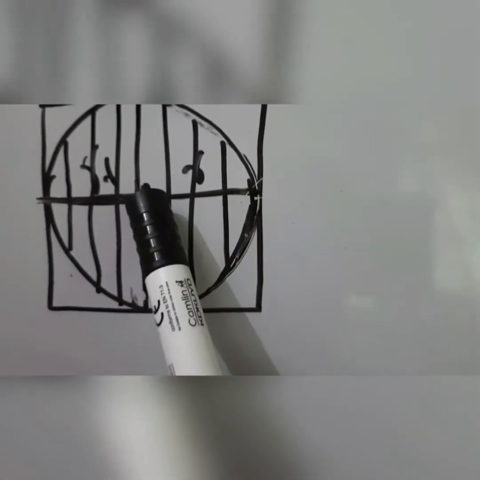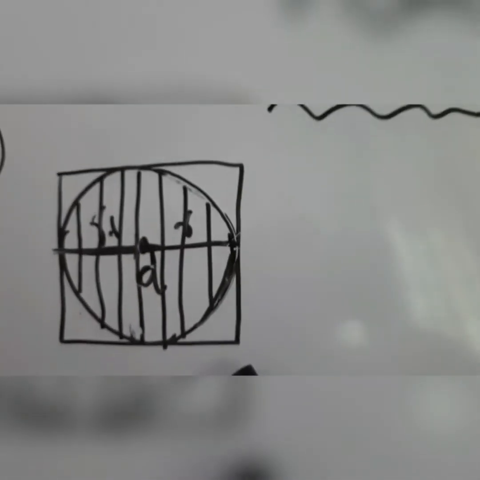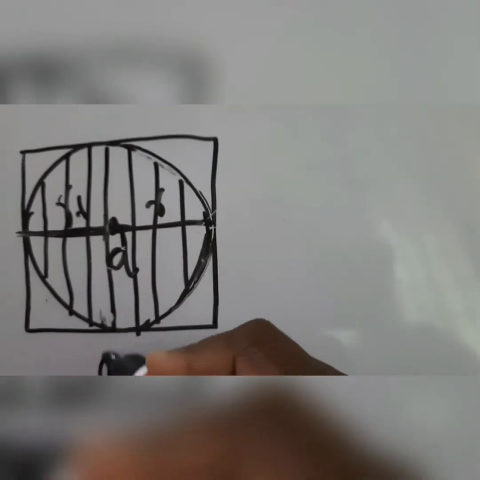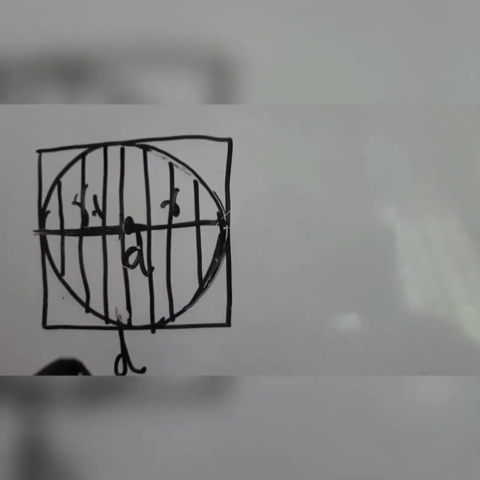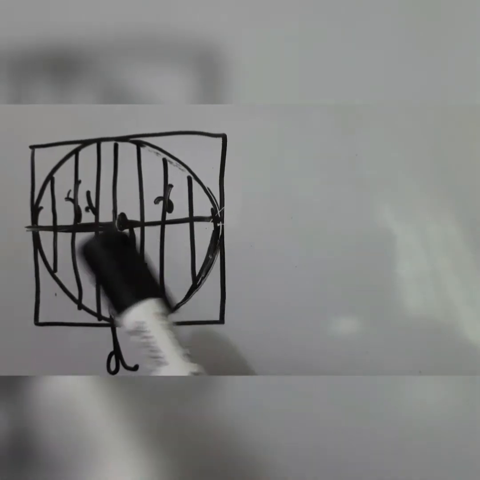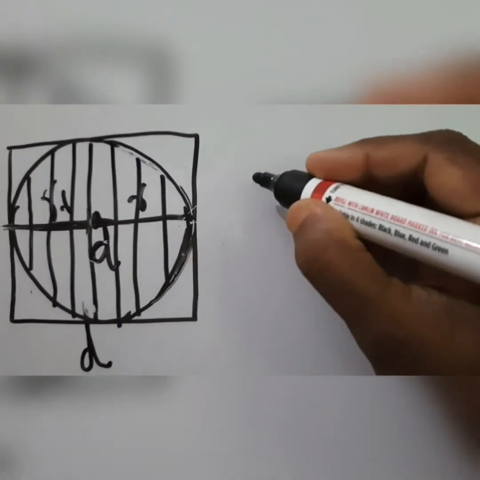And this diameter is the same as the side length of this square. This is also D. Now the probability of the dot lying in this shaded part, that is in the circle. For that, what do we have to find?